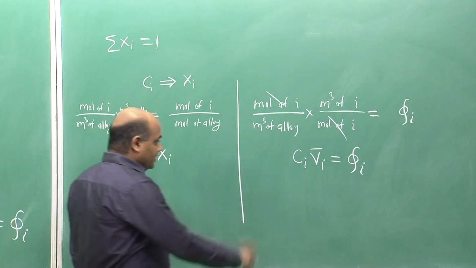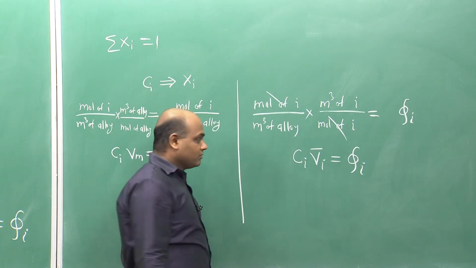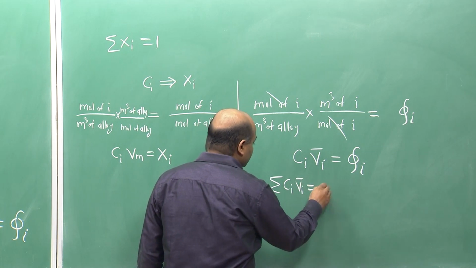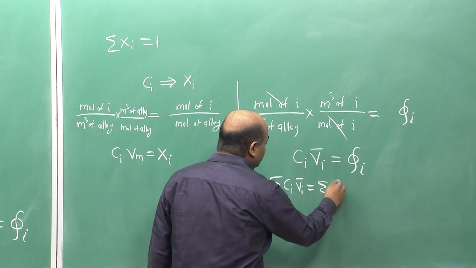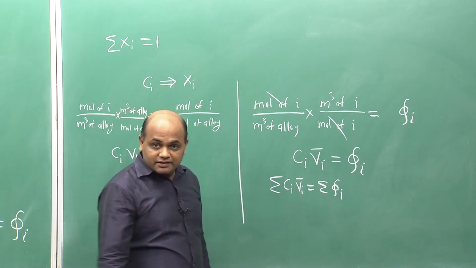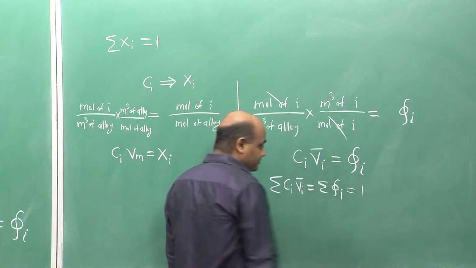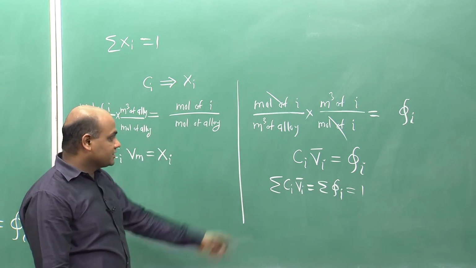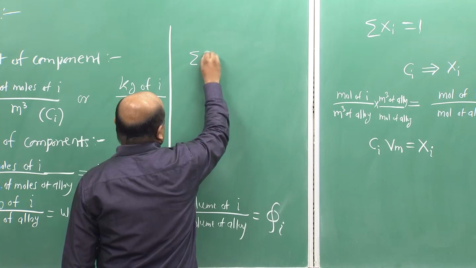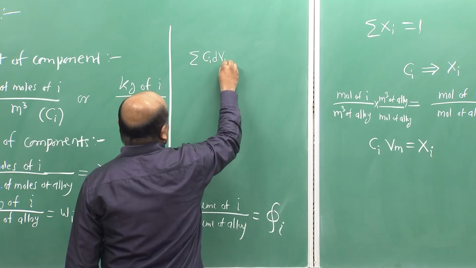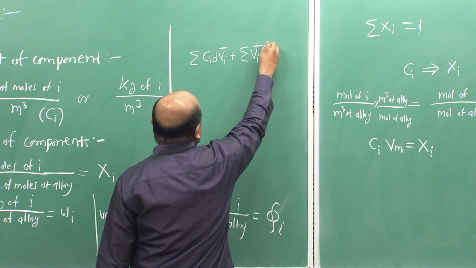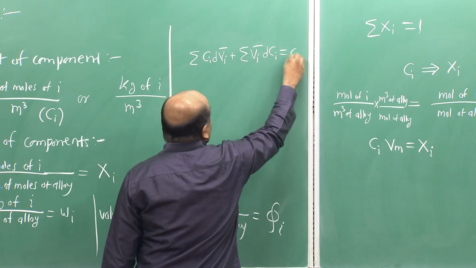So, if we take the summation over all n components, sigma Ci Vi bar equal to sigma phi i, and we know sigma phi i is 1. So, if we differentiate both sides, we get sigma Ci dVi bar plus sigma Vi bar dCi equal to 0.